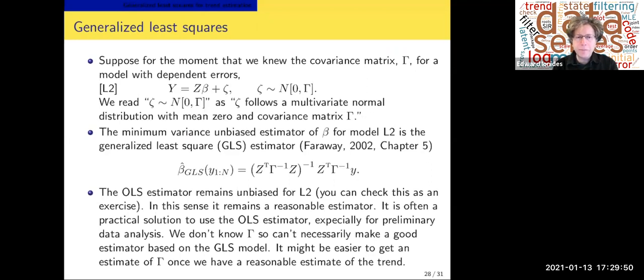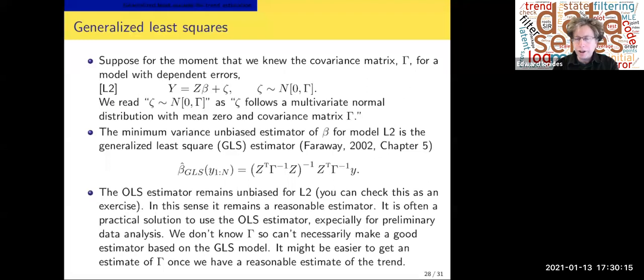And so here's the beta hat GLS estimator. Under this model L2, the OLS estimator is still unbiased. You can check that as an exercise if you want. And in that sense, it remains a reasonable estimator. It's very commonly used, in fact.